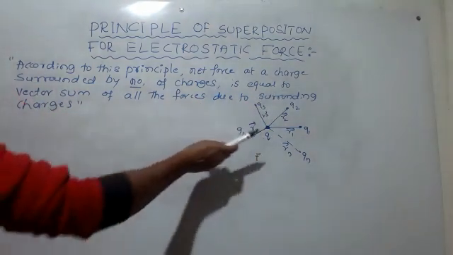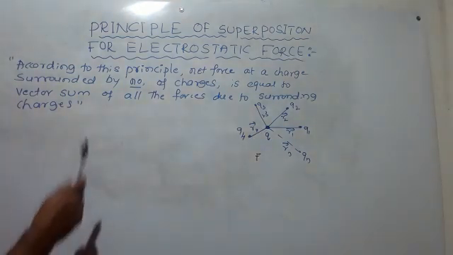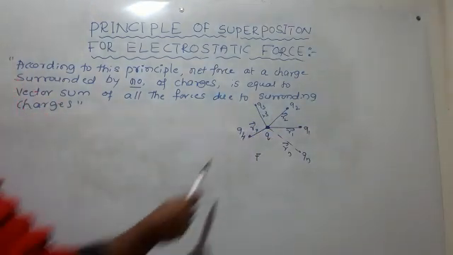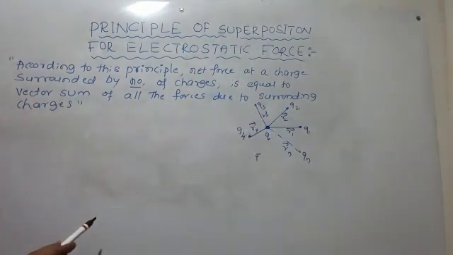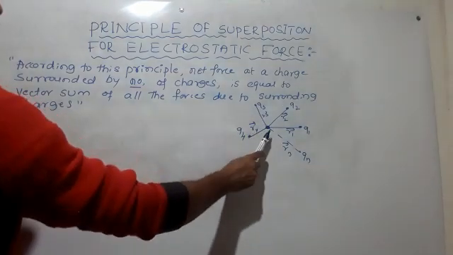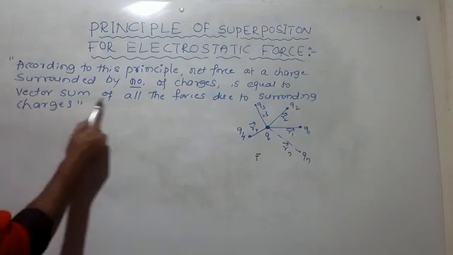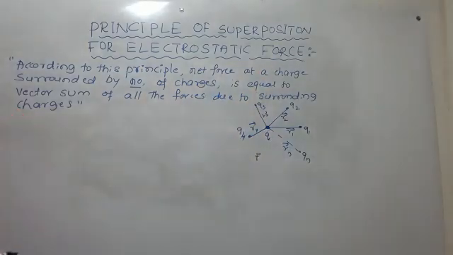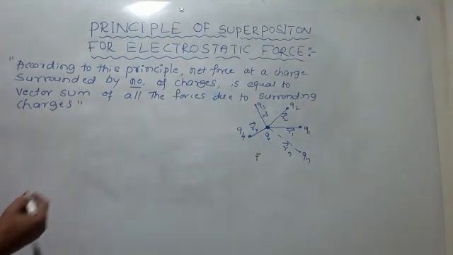That means if you want to know the net force on Q, then find the force on Q due to Q1, force on Q due to Q2, force on Q due to Q3, force on Q due to Q4, force on Q due to Qn. Then take the vector sum of all those forces, and you will get the net force on the charge Q. Say I consider Q1.